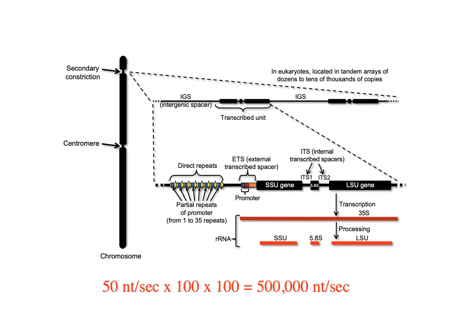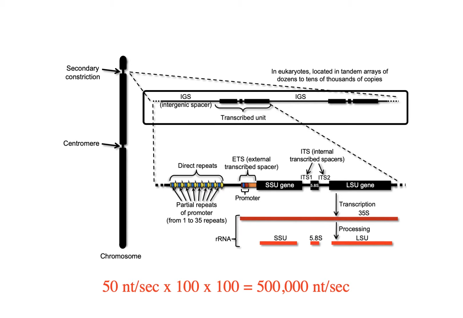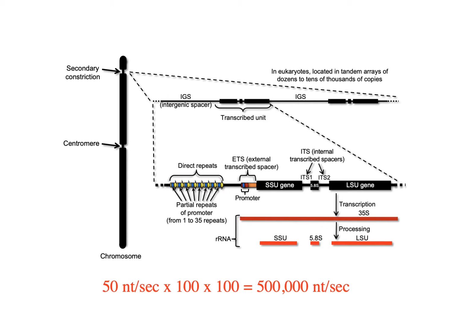Rather than being dispersed, in eukaryotes the ribosomal genes are located in a locus with multiple tandem copies. And there can be, depending on the species, more than one of these loci. In this one, which is from broadbean, there's only one locus on chromosome number 1.